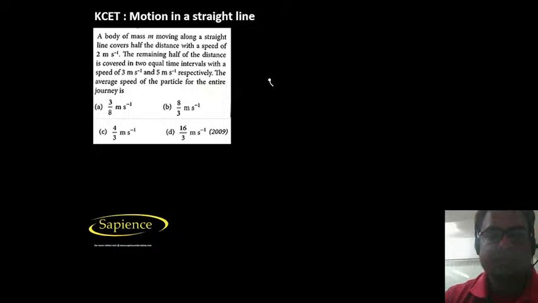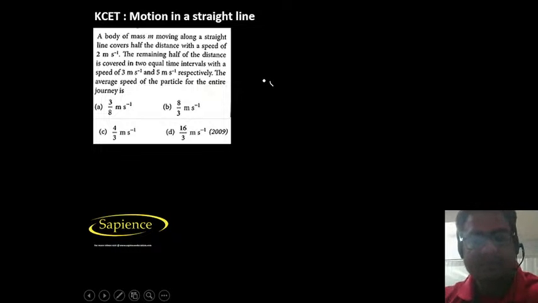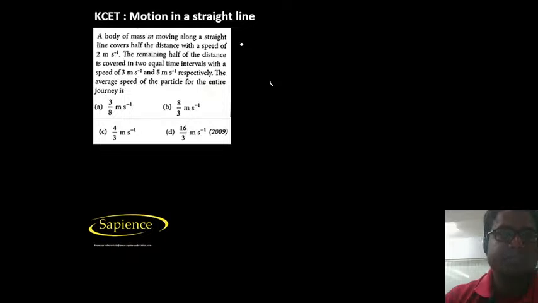Then the next question is: a body of mass m which is moving along a straight line covers half the distance with a speed of 2 meter per second.